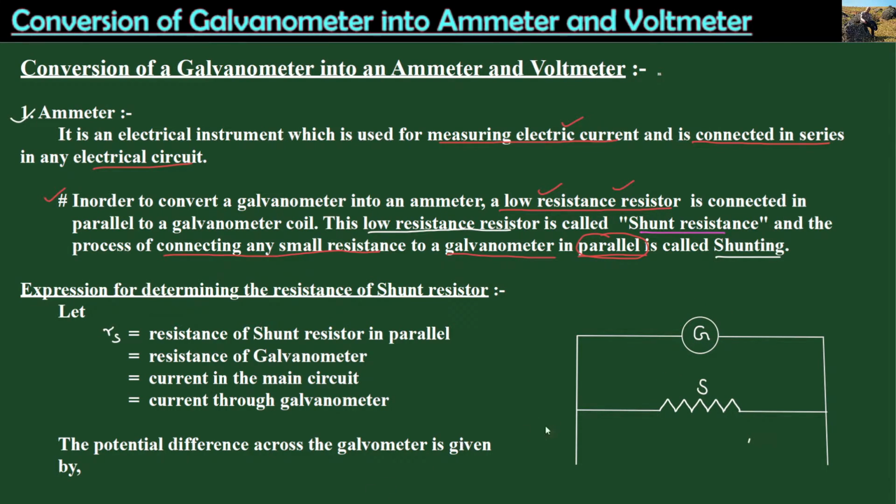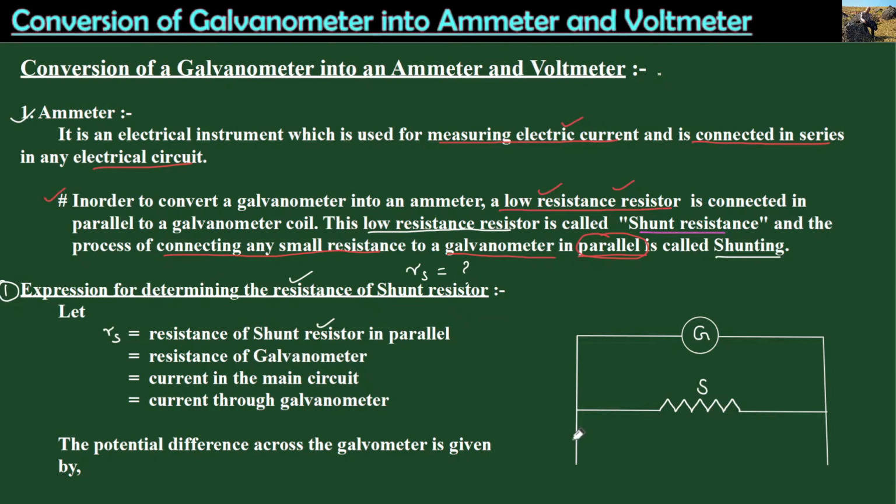From here we have to devise certain things in order to determine the resistance. The first point that we need to note down is that we need to determine the resistance of this shunt resistor. If Rs is the resistance of this shunt resistor, we need to find out the formula for the value of Rs.